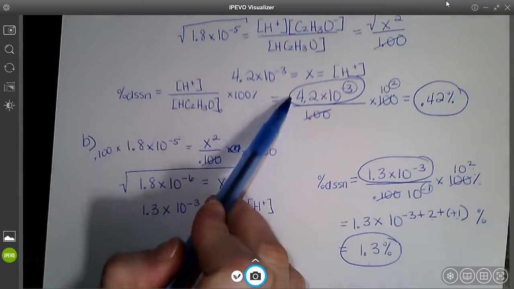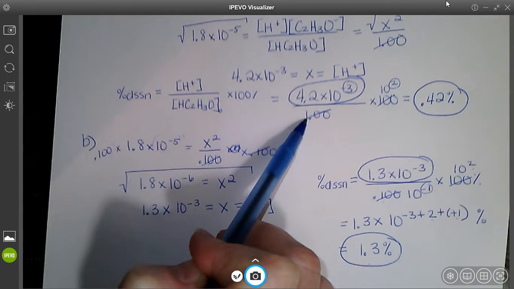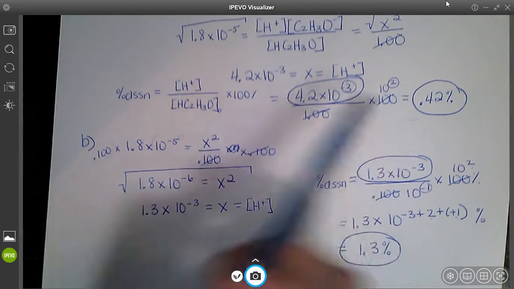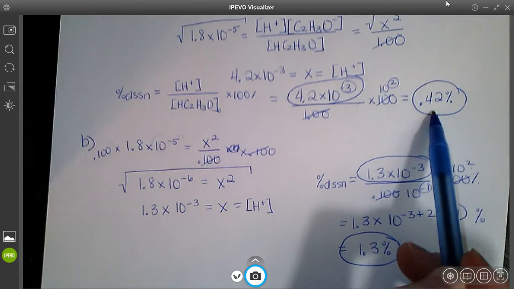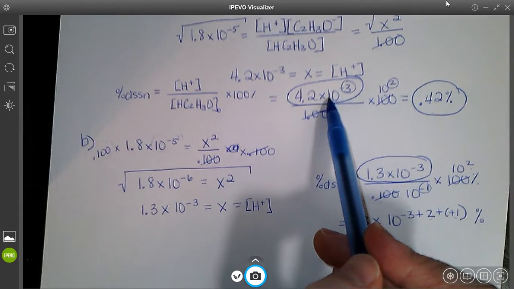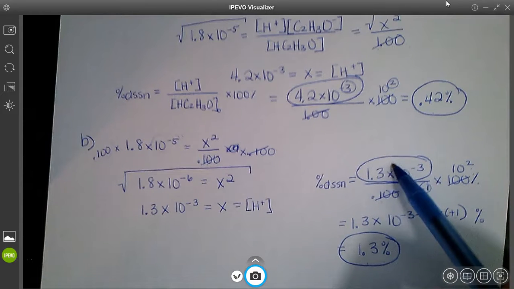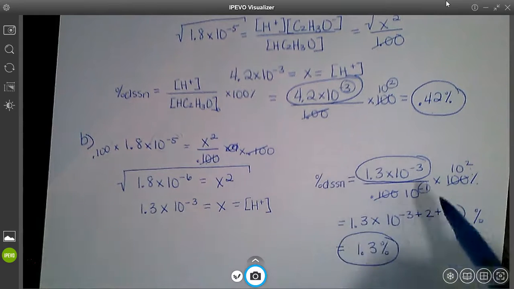And you can see I made more H+ here. But because I had more to start with, even though I made more, it didn't dissociate out of how much you have. So it still dissociated a smaller percent of your total. Overall, this made more H+, but it had more it could come from. This made less H+, but it had less of what it started from, so it was a larger percent of the initial amount.